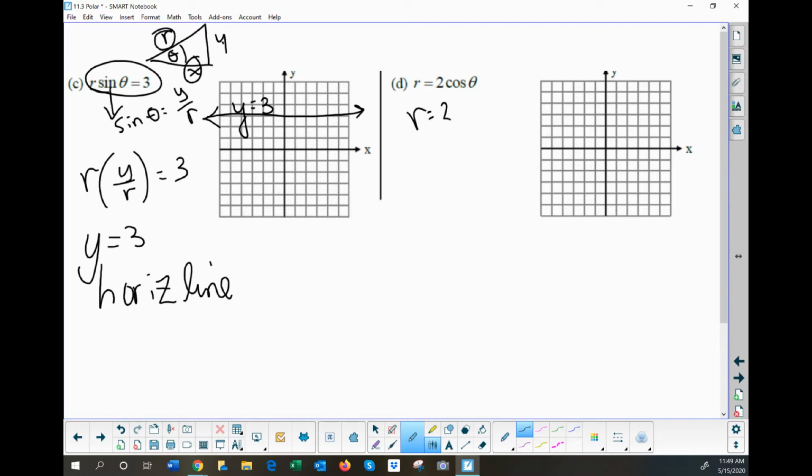Cosine adjacent over hypotenuse, so that's an x over r. Oh, I don't even have to square both sides because let's multiply both sides by r. R squared equals 2x. And r squared is x squared plus y squared equals 2x.